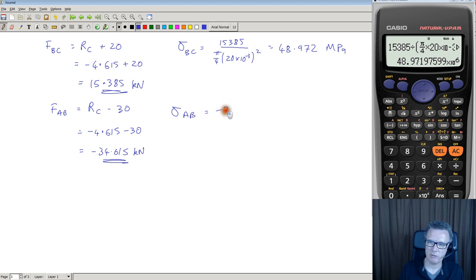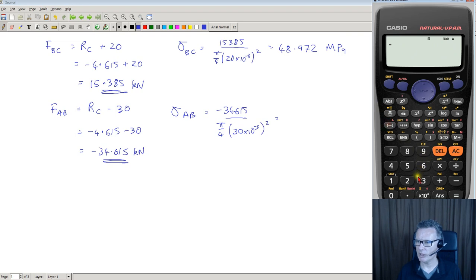And here AB: minus 34615 divided by pi over 4. It's the thicker one, 30 times 10 to the minus 3, square it, and that's going to be what? Minus 34615 divided by pi over 4 times 30 to the minus 3, square it.